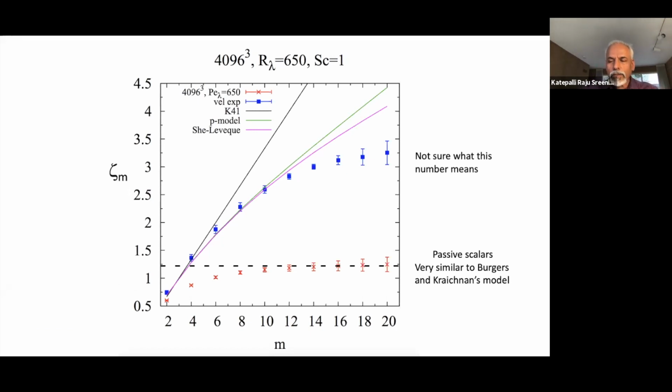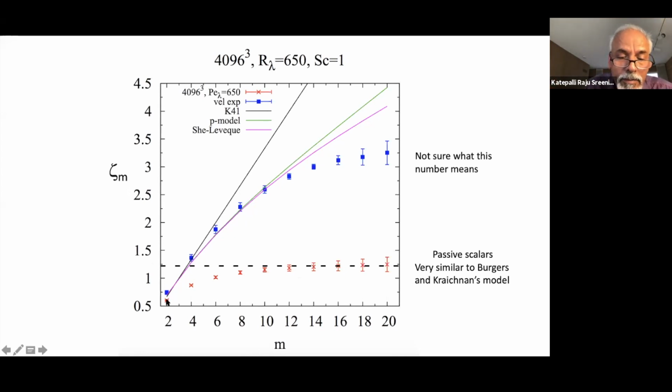Yeah. The crosses are in fact for the passive scalar. They, of course, without any ambiguity at all, saturate. And they saturate much faster. I didn't mention this. It's very similar to Burgers or Kraichnan model. And it saturates at a value like 1.3 or something like that. And this can be related to the fractal dimension of these structures, etc., which we did.